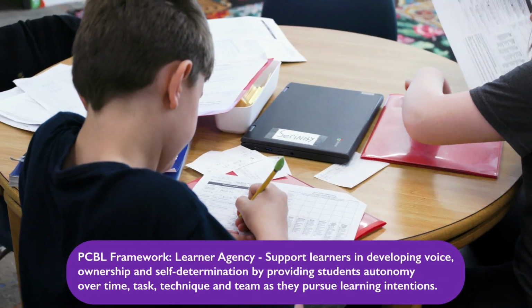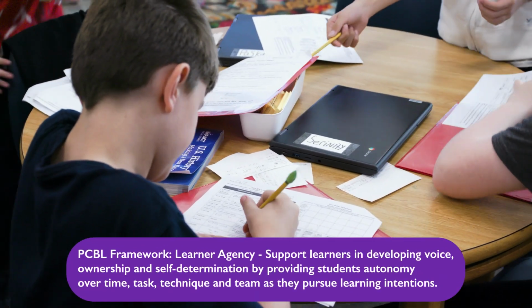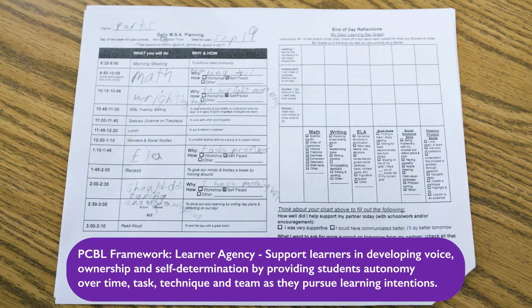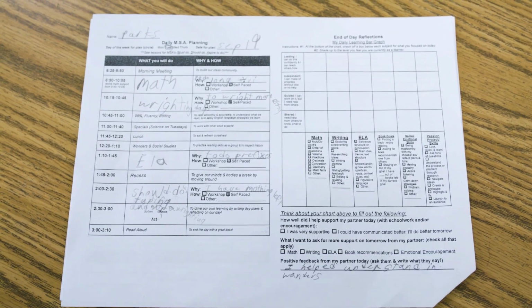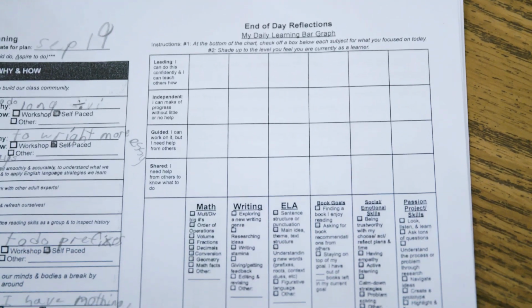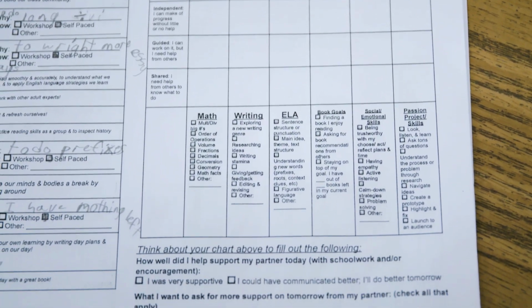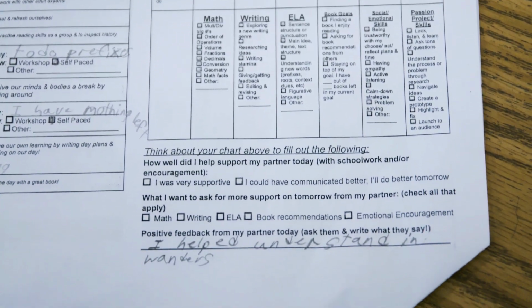So I give students these organizers that we have made many iterations of. At the end of each day they reflect on their learning. It's broken down into the different academic areas, but also social emotional skills. Then they plan their schedule for the next day based on those reflections from the previous day.